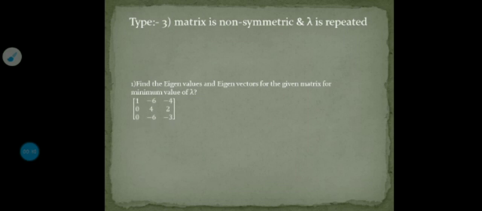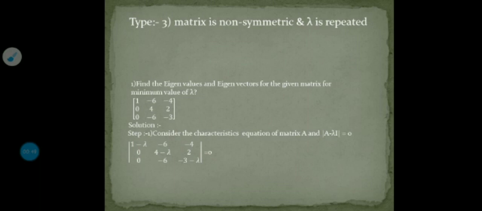We are finding the minimum value of lambda, so here we consider the matrix and write the matrix again. In step 2, write the equation of lambda for a 3 by 3 matrix, which is lambda cubed minus s1 lambda squared plus s2 lambda minus determinant of A, where s1 is the sum of all the diagonal elements, that is a11 plus a22 plus a33.